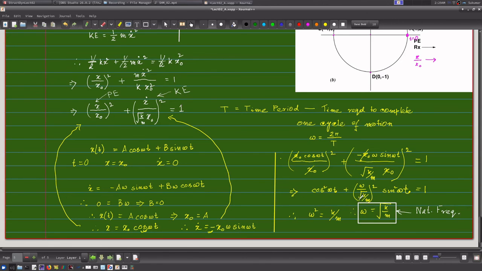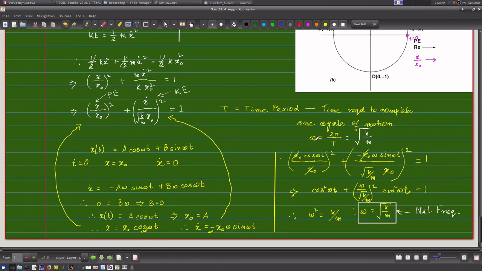And this gives me what was my omega originally? Omega is twice pi by t, and that is equal to root over k by m. This we have seen. Why we call it natural frequency? Because this is the number of times the motion takes place per unit second, right? Number of times the cycle is completed.